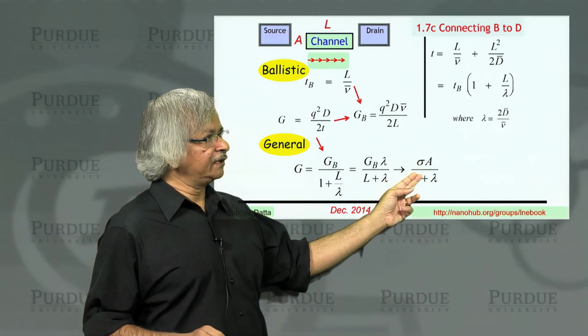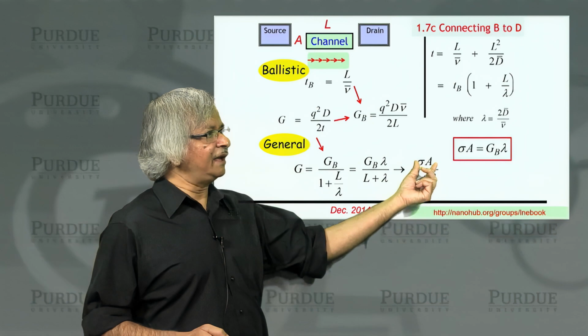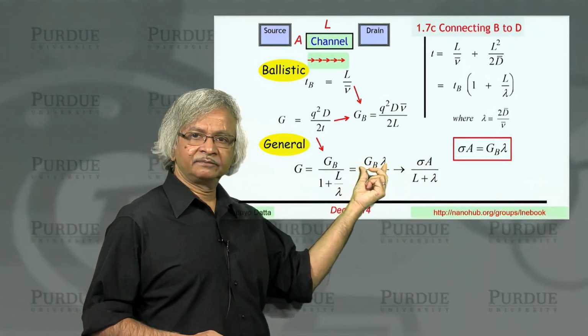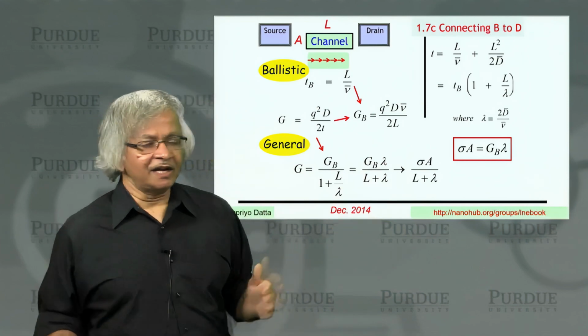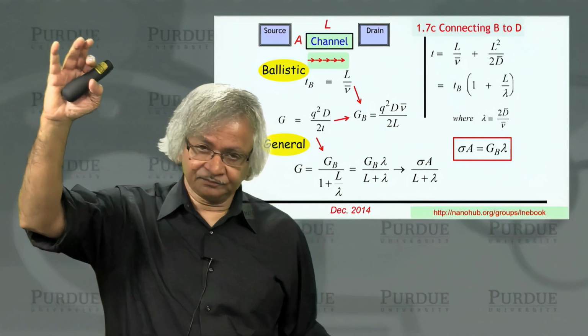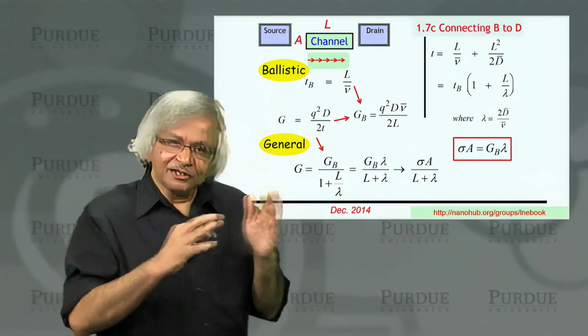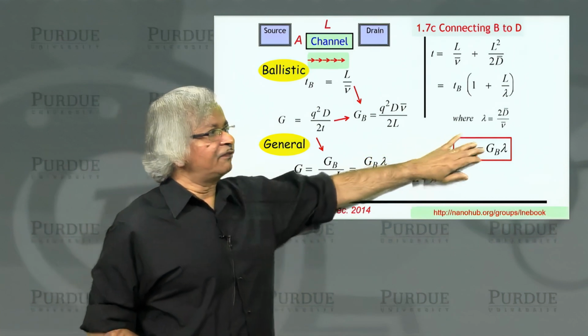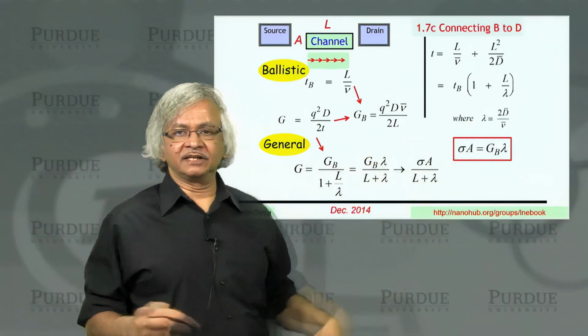See? And the thing to note then is that the sigma A you can identify with this GB times lambda. So the usual understanding of conductivity, as I said, starts from large conductors. Whereas in this new perspective that we are using here, the fundamental thing you first look at is the ballistic conductance.